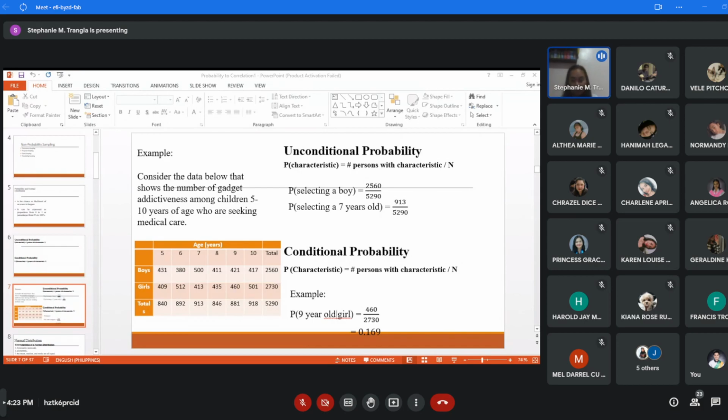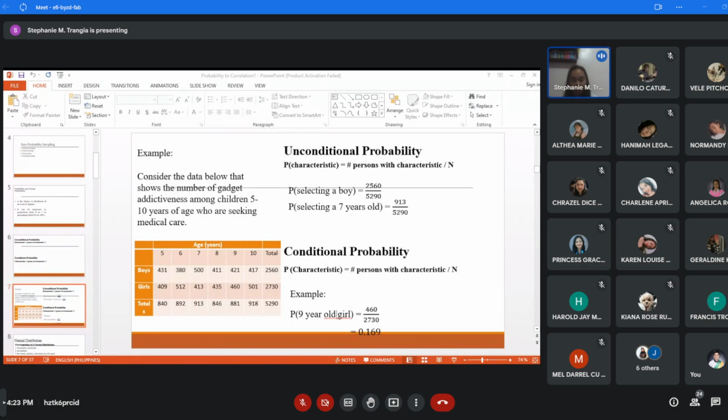So, you have 260 over 590. So, that's a probability of selecting a boy. The probability of selecting a 7-year-old, so we have the 7-year-old na bata as 913 divided by the total population, that's 590. So that is the probability of selecting a 7-year-old.